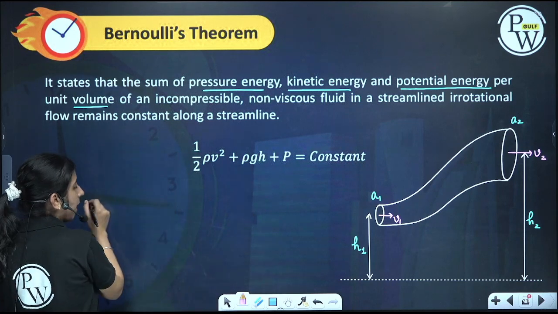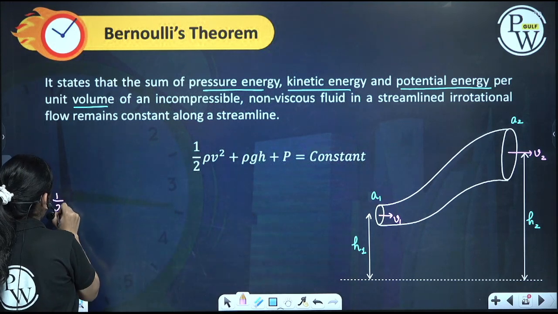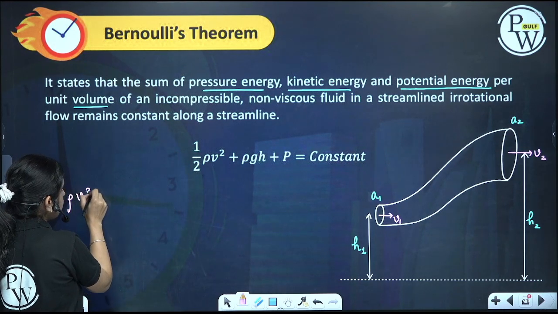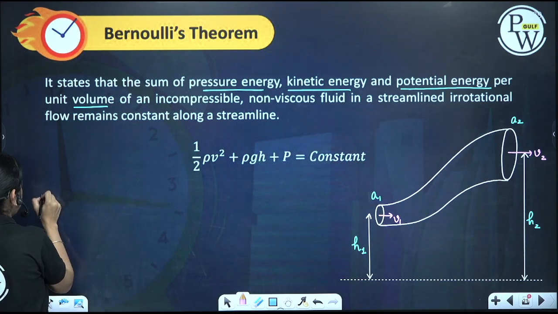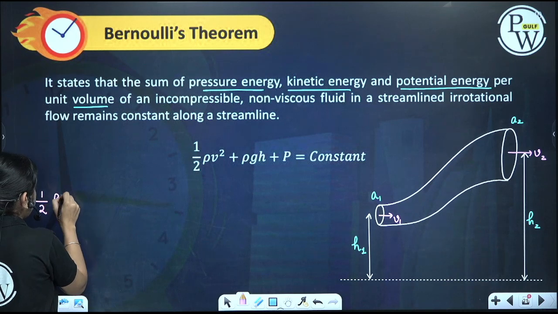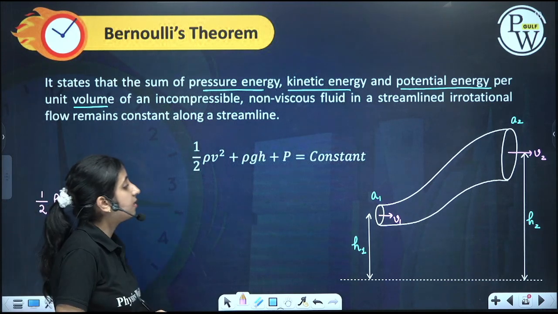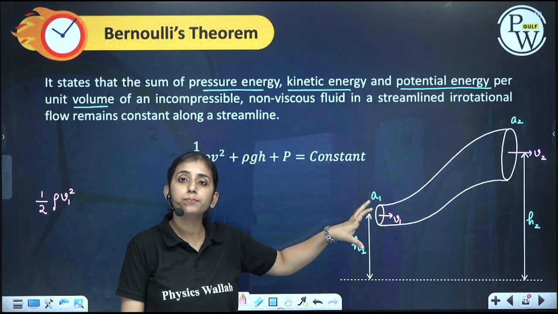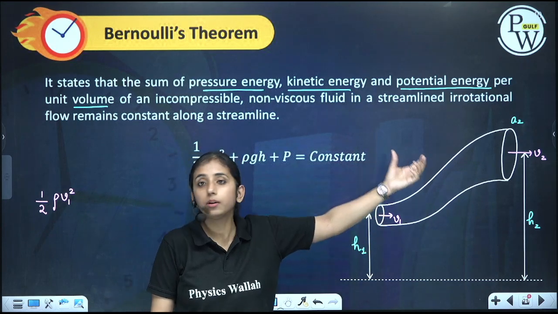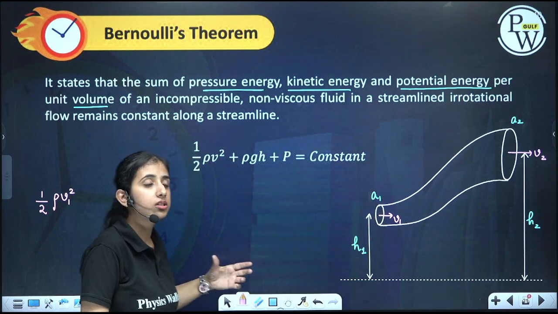Then the sum of pressure energy, kinetic energy and potential energy per unit volume at 1 will be equal to that at 2, because this is constant.